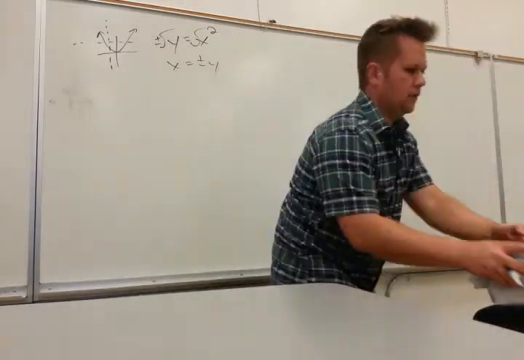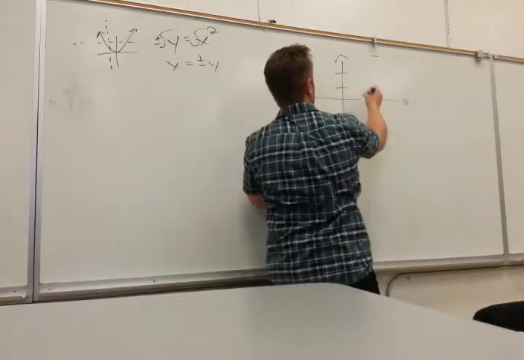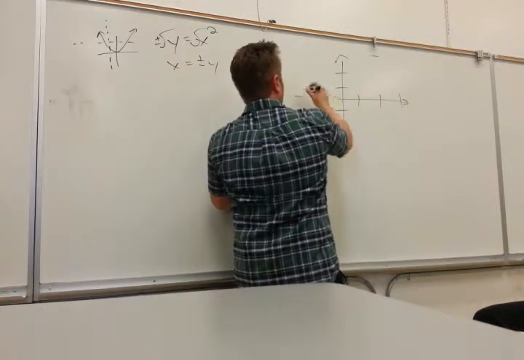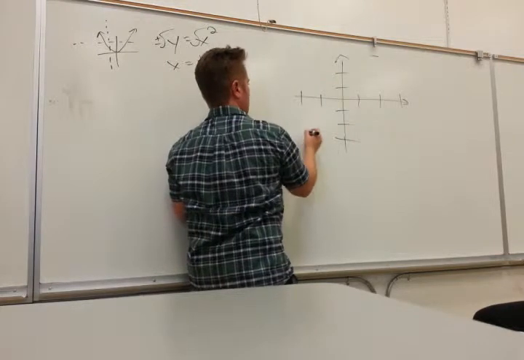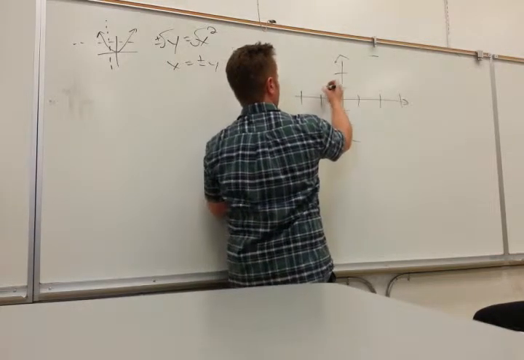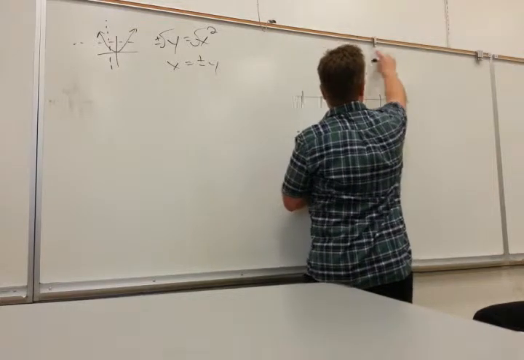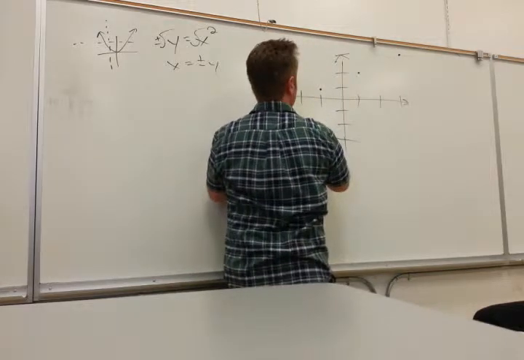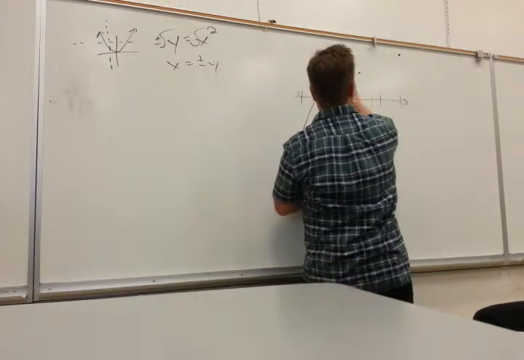So let me give you another, maybe a bigger graph here. You can see a little better. Okay. Stay with me. Here we go. So let's just make it a straight line.